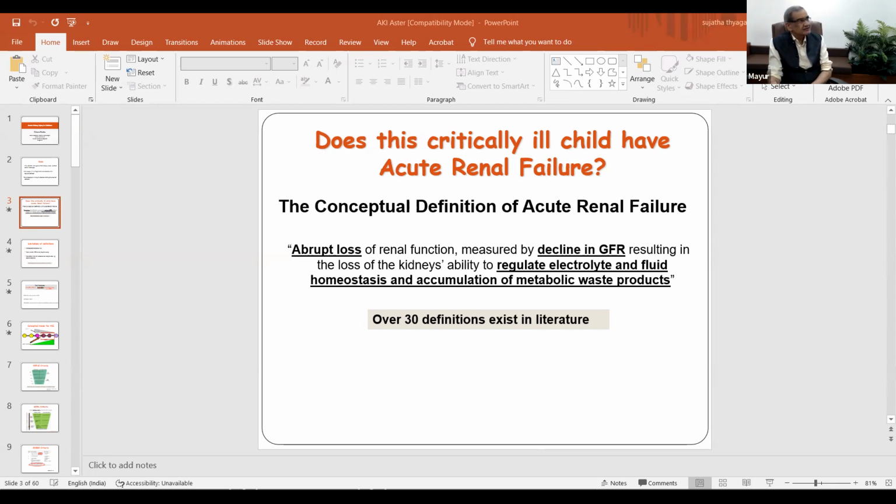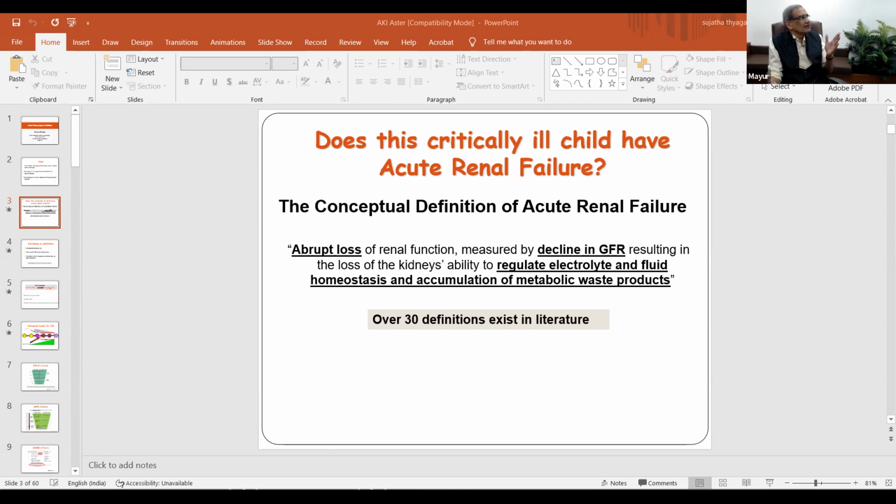So as you know, there is a change in terminology. Nobody uses the term acute renal failure, and we'll discuss why this is so. Now there is a problem with labeling something as acute renal failure because it straight away divides the children into two compartments: normal children with normal kidneys, and children with abnormal kidneys, to the extent that they have failed.